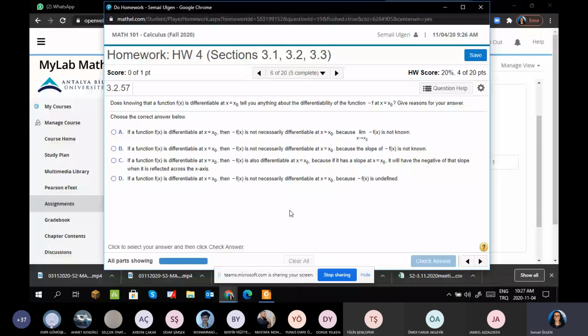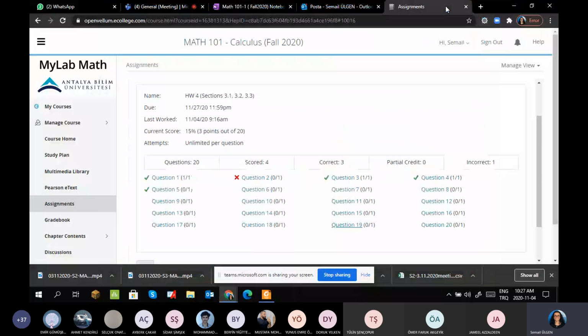This question is actually saying, let's say you know that f is differentiable at x equal to x0. Let me remind you what differentiability is, for students who have not seen the recording yet.